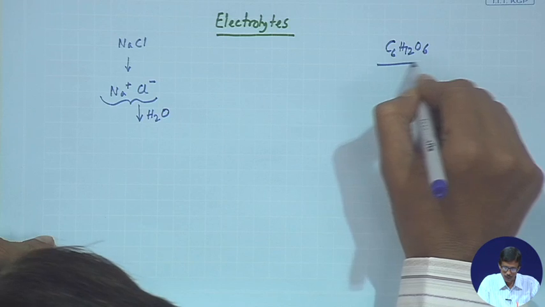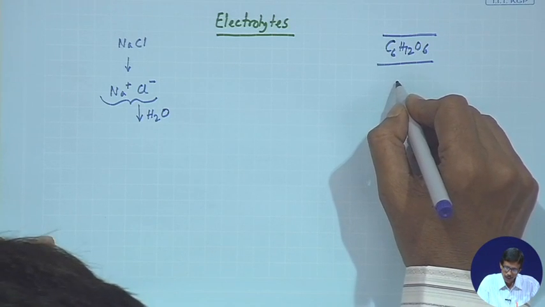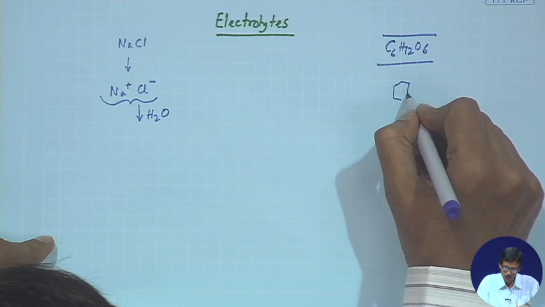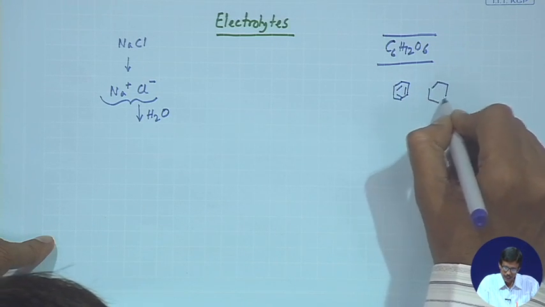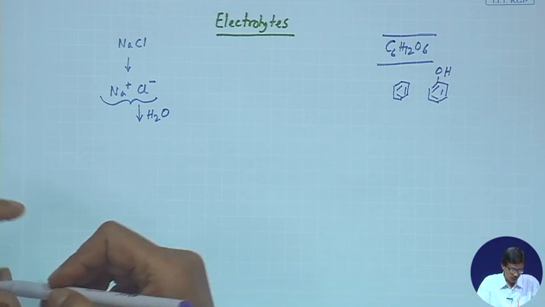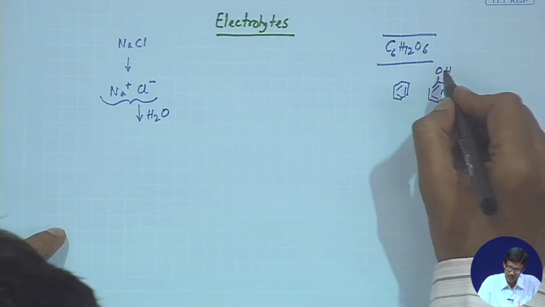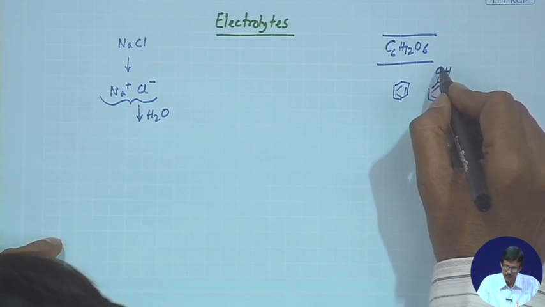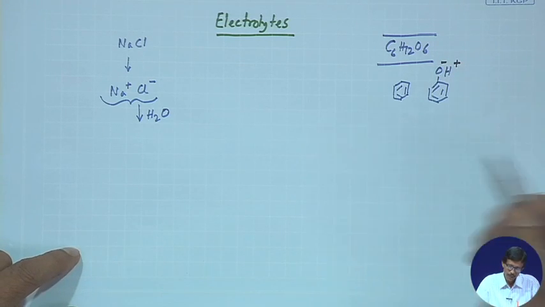We have known all these things from our school days. Even if we write the simple benzene molecule, or the corresponding phenol molecule, there will be some amount of dissociation, because we know phenol can dissociate into the phenoxide ion and H plus.